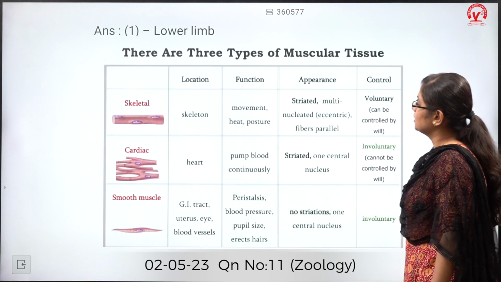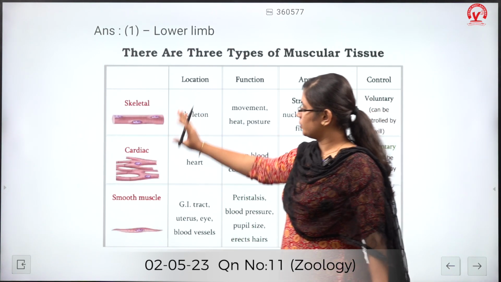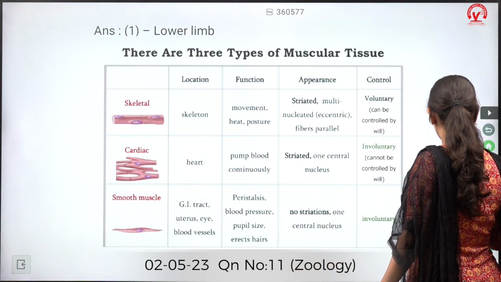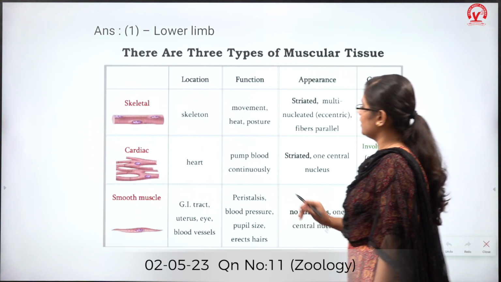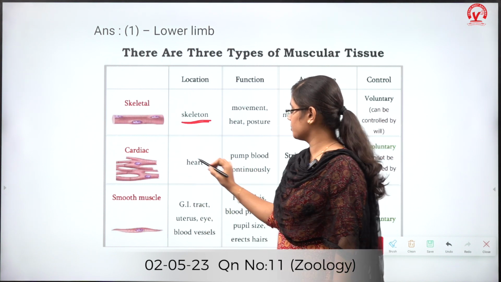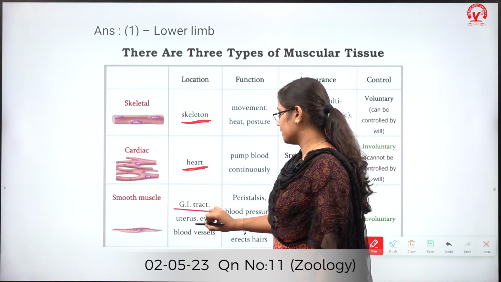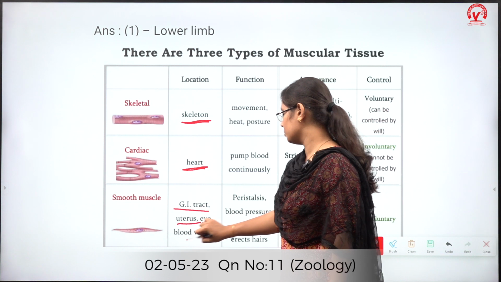Coming to the next slide. So, these are the types of muscles: skeletal muscle, cardiac muscle and smooth muscle. Skeletal muscle is associated with the skeletal system of the body, cardiac muscles are found in the heart, and smooth muscle in the GI tract, reproductive tract, eye and blood vessels.